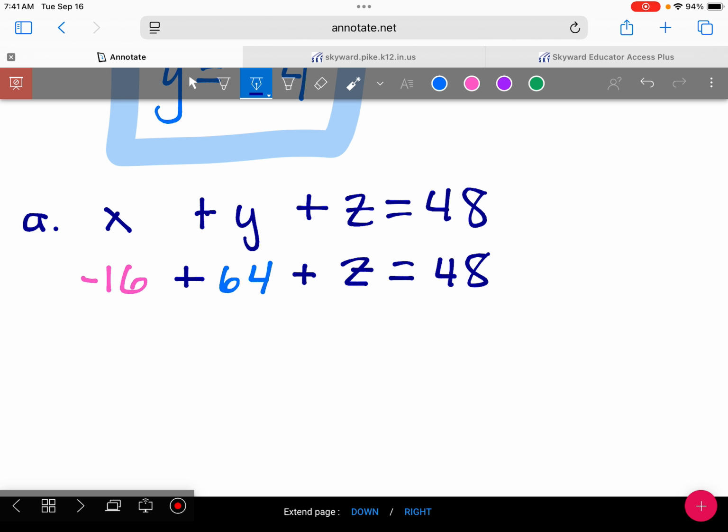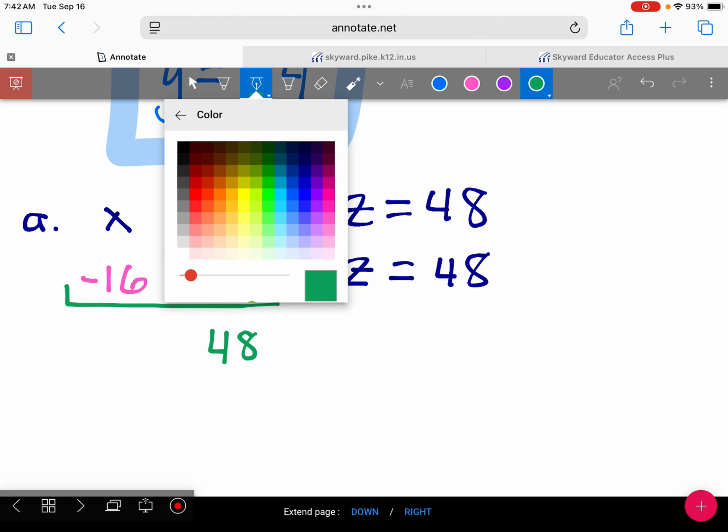Now what should we do? Got some like terms to combine. What is 16 plus 64? I'm sorry, negative 16 plus 64. 48. So we get 48 plus z equals 48.